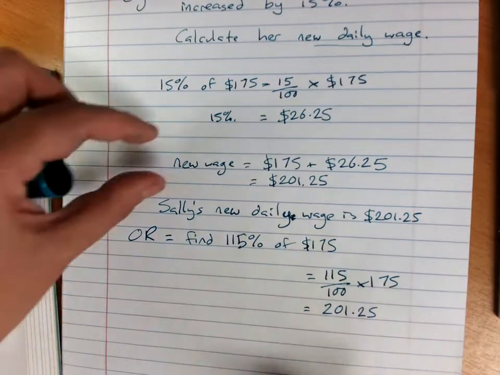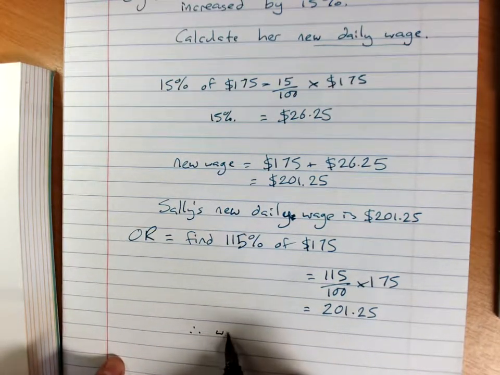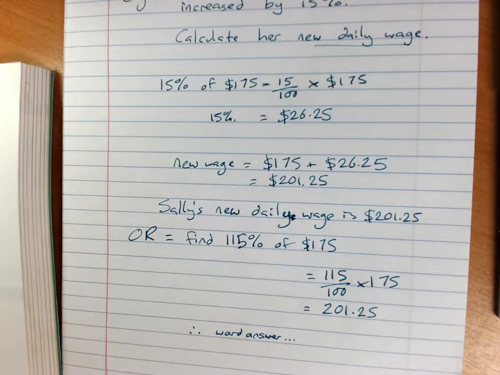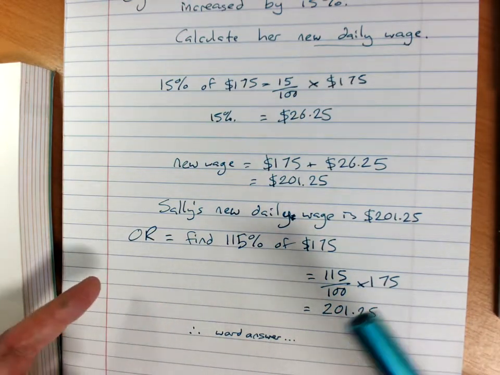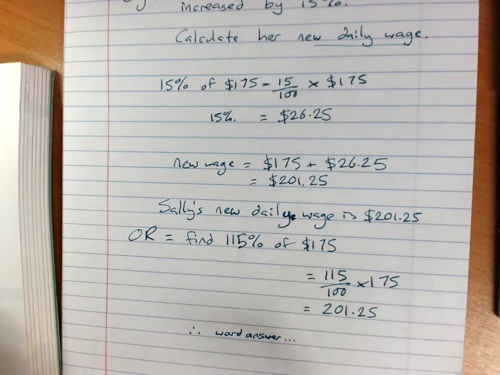So that cut out a whole couple of lines of working, and of course then a word answer. By saying, instead of finding 15% and adding or subtracting, add the 15 to the 100% and find 115%.